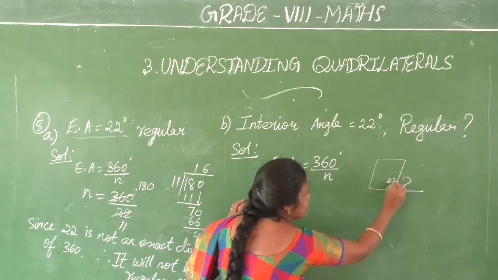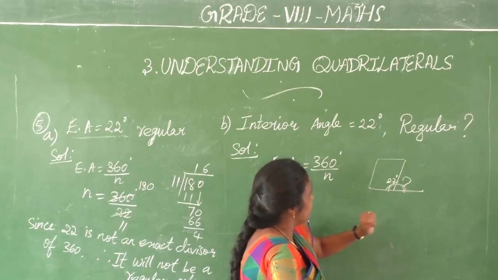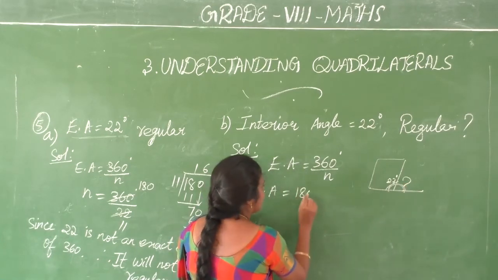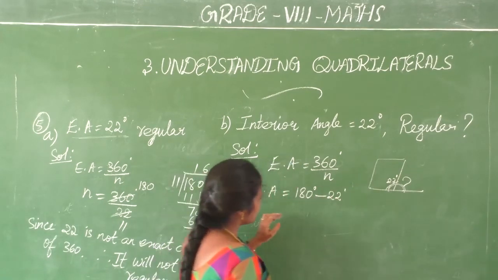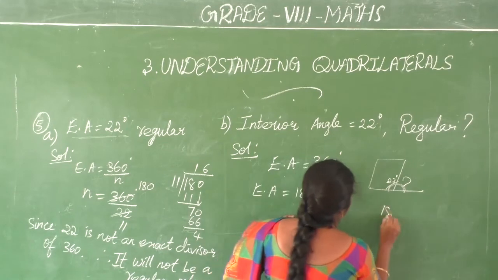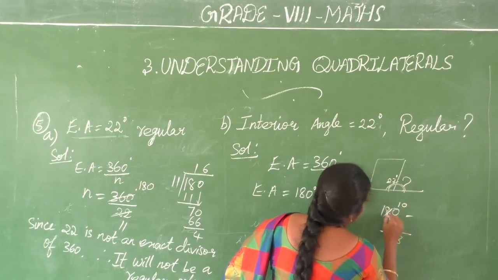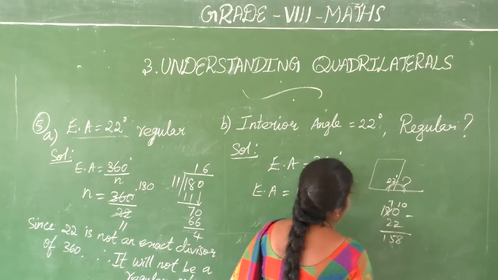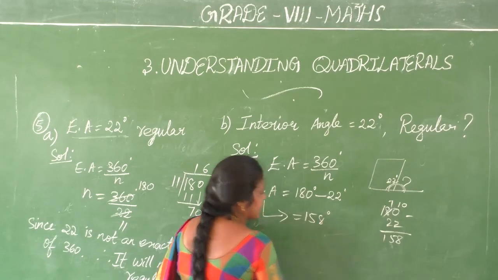This is the 22 part. We have to find its exterior angle. Same way, 180 degree minus 22 degree. Clear? So 180 minus 22. 10 minus 2 is 8, 7 minus 2 is 5. 158 comes. Exterior angle is 158 degree.